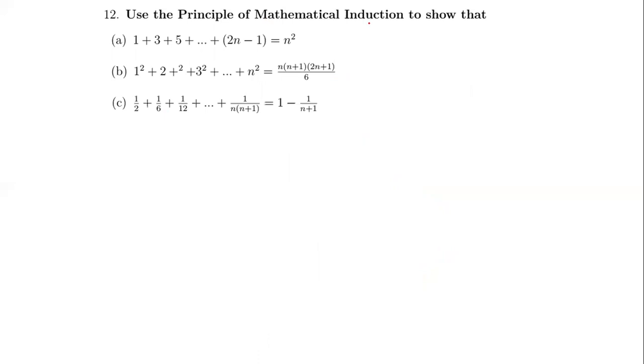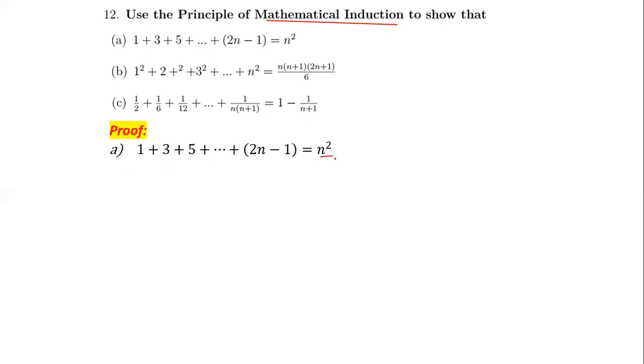The next question is question number 12, which is to use the principle of mathematical induction to show that these theorems are true. If we start from the first one, that is a, which is 1 square plus 3 square plus 5 square, 1 plus 3 plus 5 plus twice of n minus 1, or the sum of the first n odd natural numbers is equal to n square.